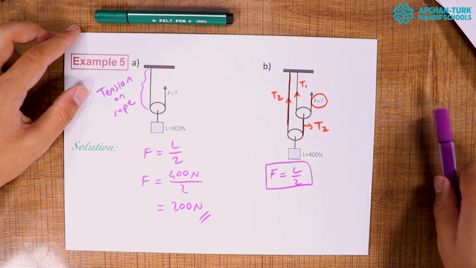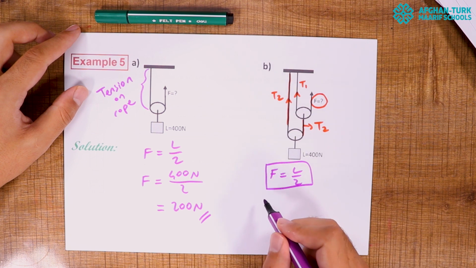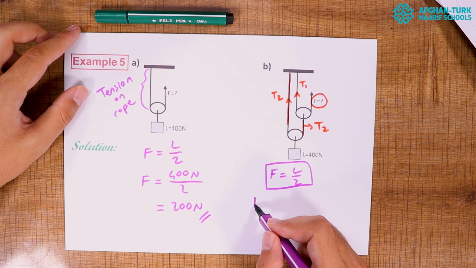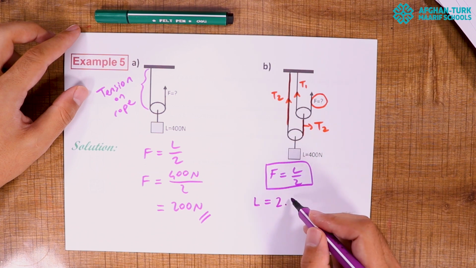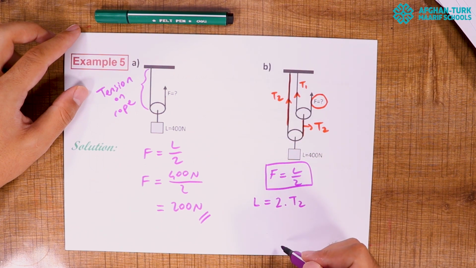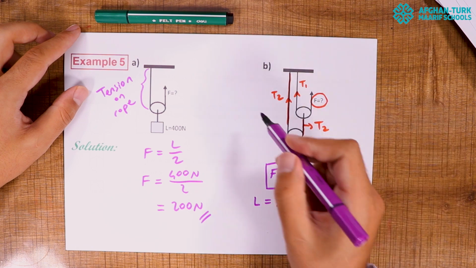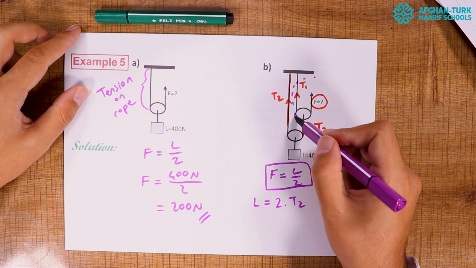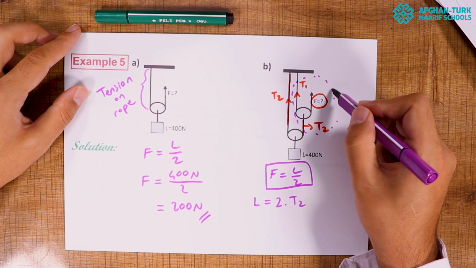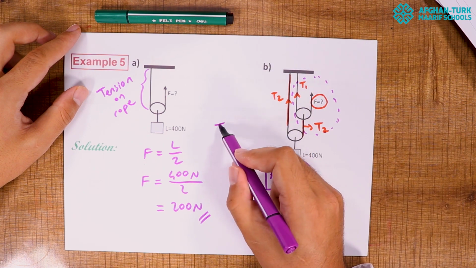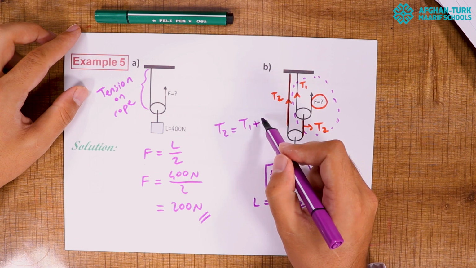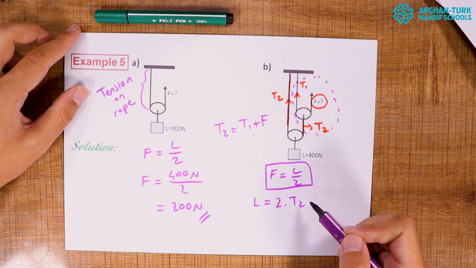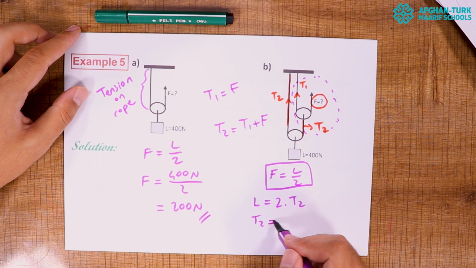So if load is equal to 2 times T2, and I know that from here T2 is equal to T1 plus F. Let's find T2.